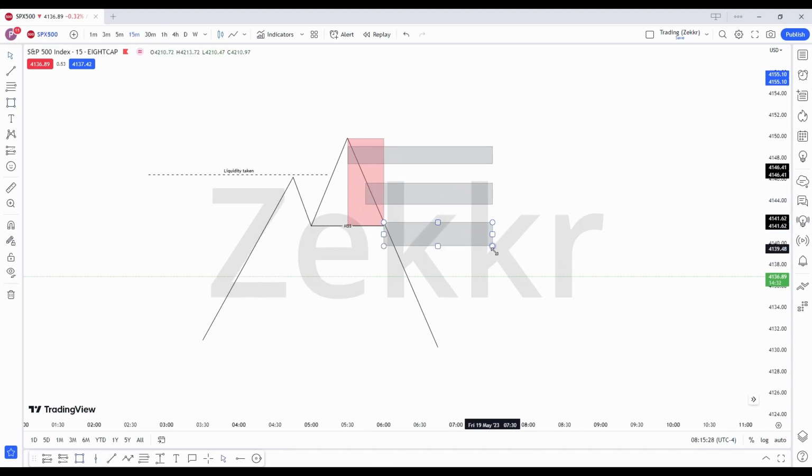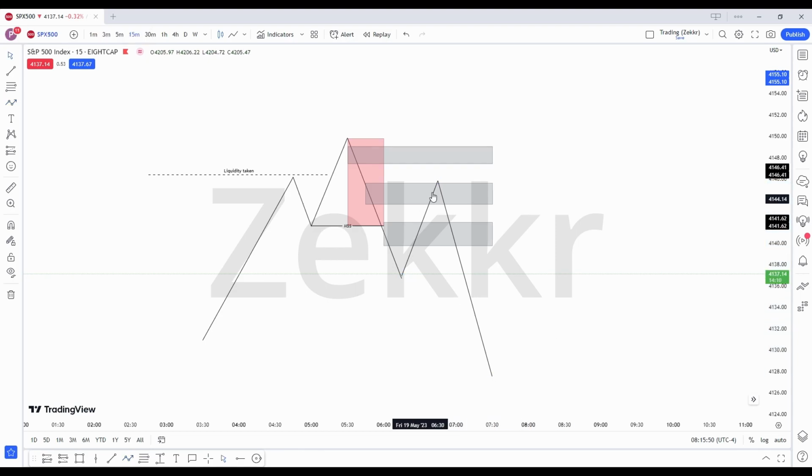So what you will do is you will take your Fibonacci, and after this leg has formed, right? Let's say you have this leg going, and then you have a pullback inside these fair value gaps, and then you have a distribution to the downside.